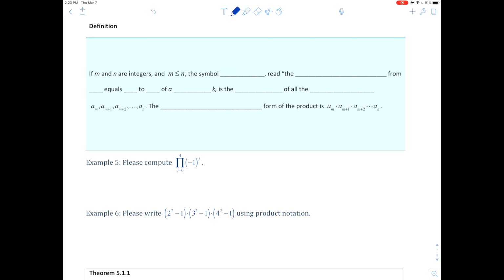So if m and n are integers and m is less than or equal to n, the symbol, like a pi, from k equals m to n of a sub k, is read the product from k equals m to n of a sub k, and it is the product of all the terms in the sequence: a sub m, a sub m plus 1, a sub m plus 2, all the way to a sub n.